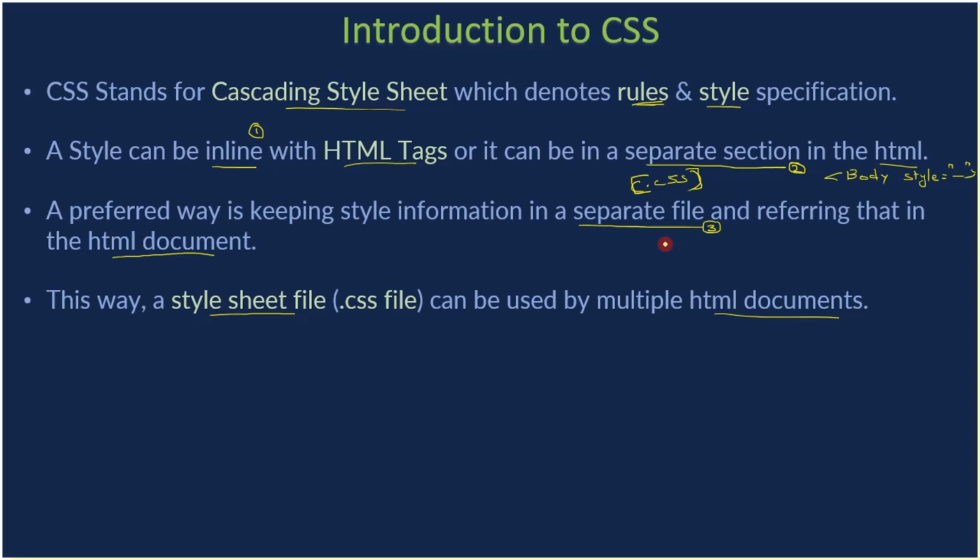Because multiple HTML can refer to the CSS document. Let's say if there are three HTML files, all can refer to this same CSS file and make use of the rules defined in it.